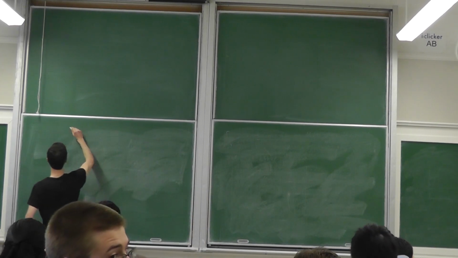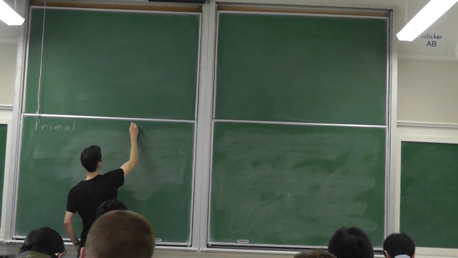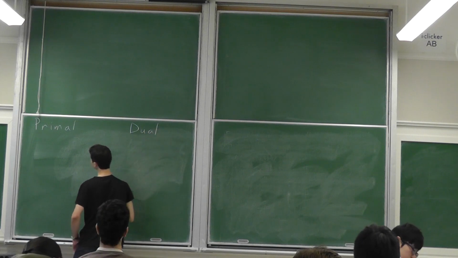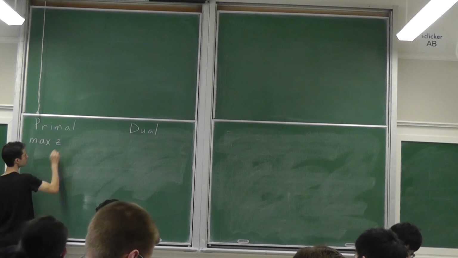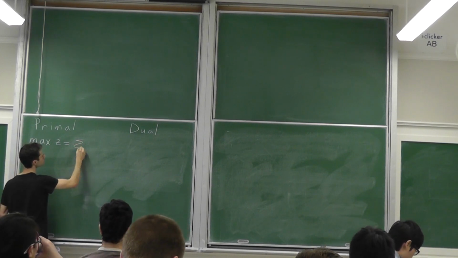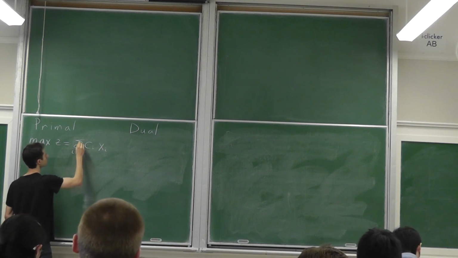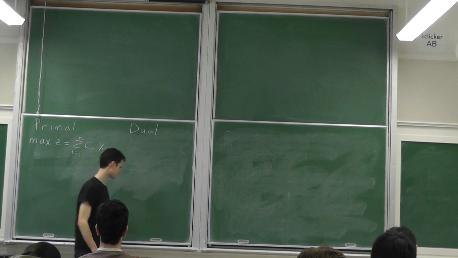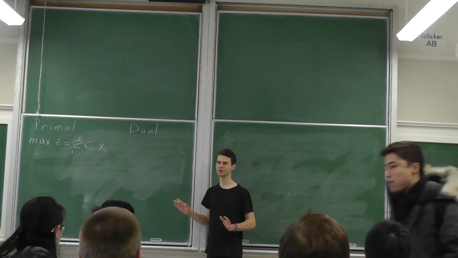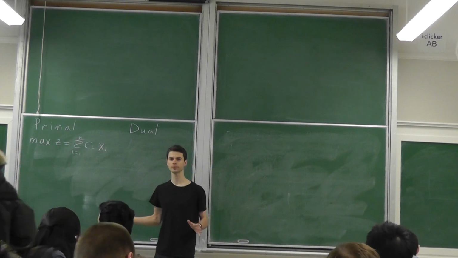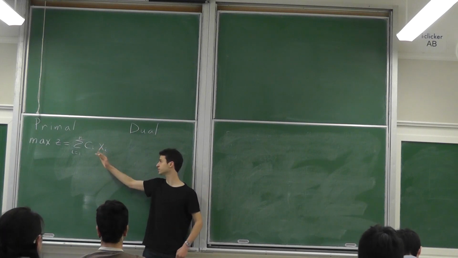So just to remind you, we have two problems, the primal and the dual problem. The primal problem is about maximizing the quantity z, which is the sum of some numbers times the variables. Let's say there are n variables. As an introduction to what we are going to do next week, talking about matrices and such things, we'll start writing the sums with this short notation.